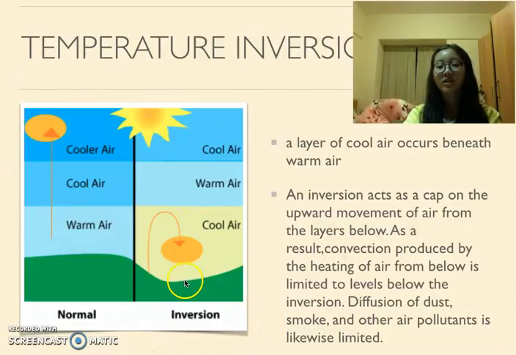However, in an inversion, there will be a layer of cold air beneath the warm air. An inversion acts as a cap on the upward movement of air from the layer below. As a result, convection provided by the heating of air from below is limited to levels below the inversion. Diffusion of dust, smoke, and other air pollutants is likewise limited.